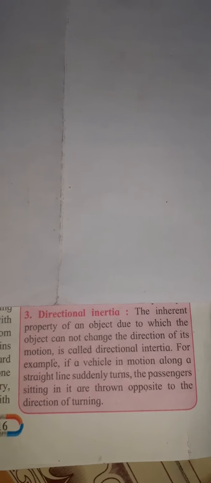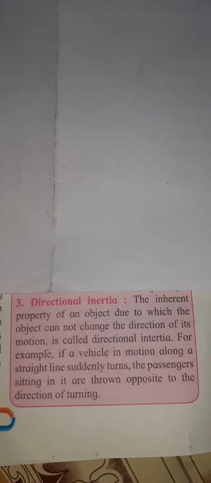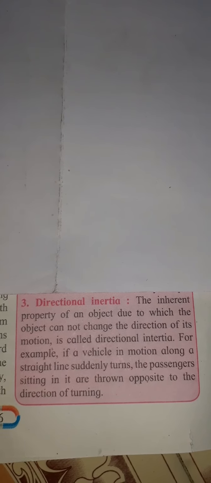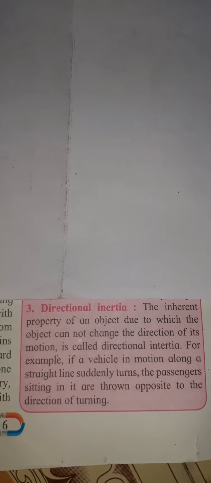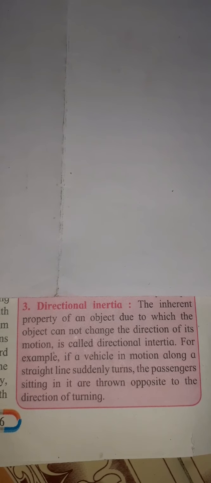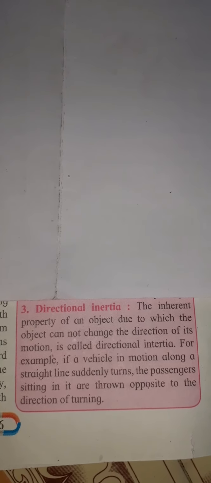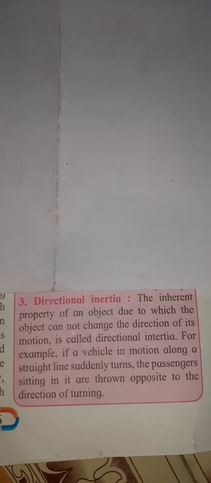The third type of inertia is directional inertia. This is inertia of any object which depends upon direction. For example, suppose you are sitting in a vehicle and all of a sudden the driver takes a right turn. We all tend to bend towards the right all of a sudden.